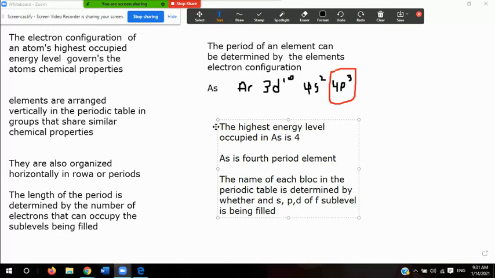Okay, so now that we have a little bit more of a basic understanding of this, let's go ahead and talk about S block elements.